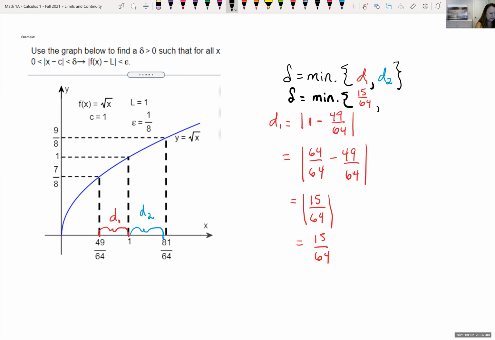Let's look at the distance 2. So if we go from 81/64 minus 1, the absolute value of that, 81/64 minus common denominator, 1 could be written as 64/64. 81 minus 64, that's 17/64.